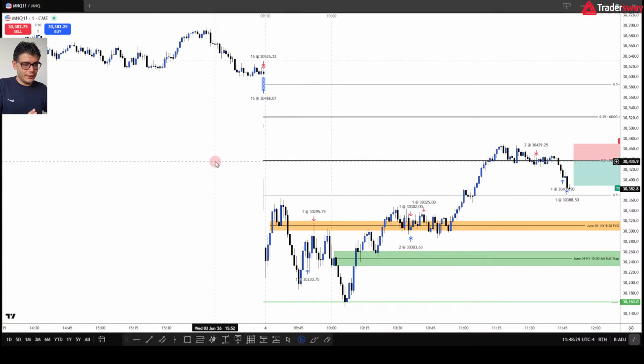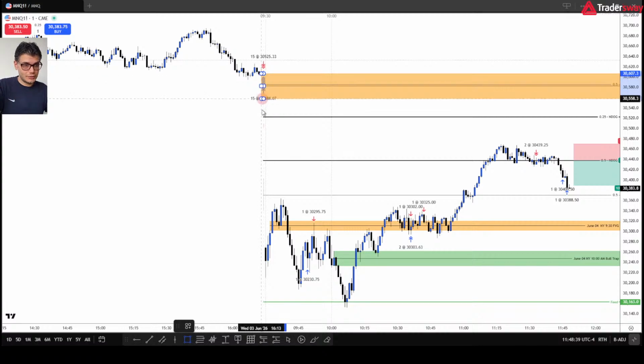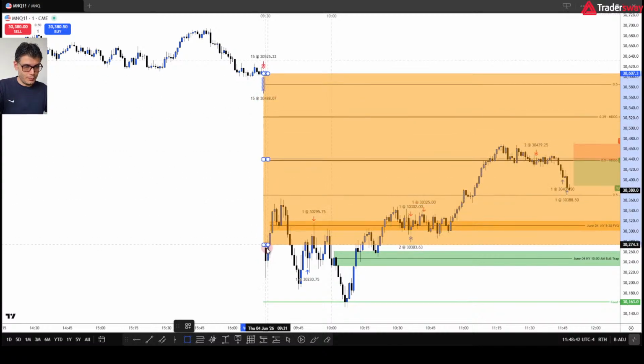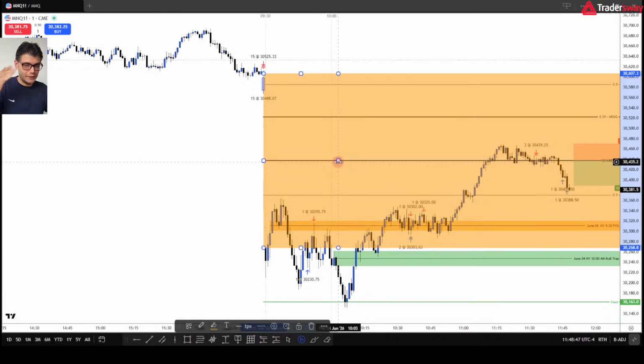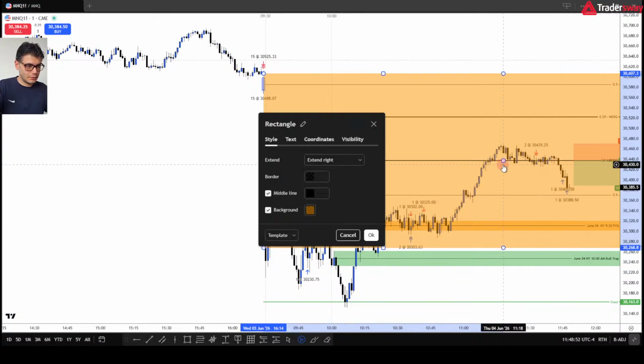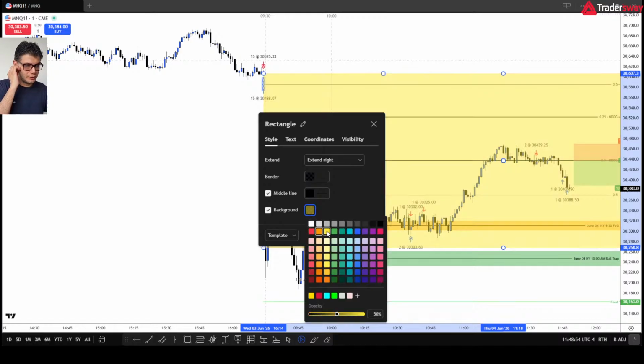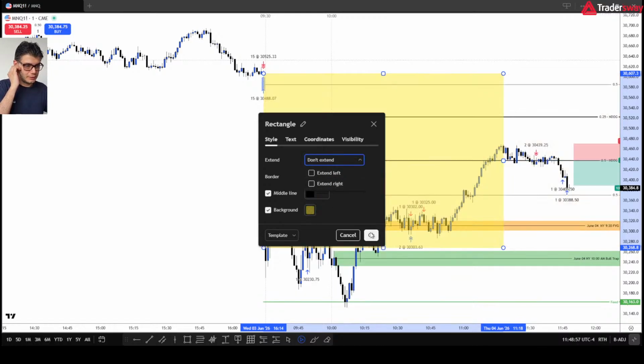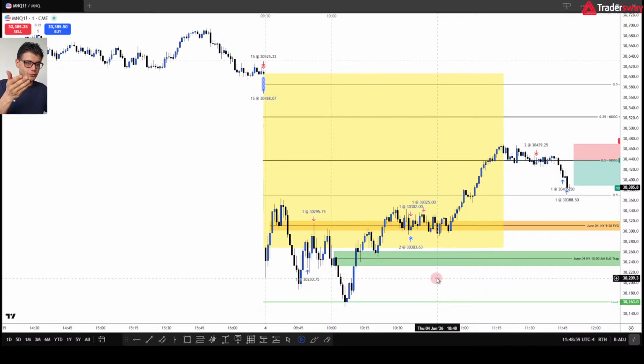So over here I measured the close, right? The close is here of last day New York session all the way down to the open of today's New York session, last day to today. It gave me this range. Allow me to change the color to yellow. Don't extend it. It gave me this range. The price came high to 50%, slightly higher.